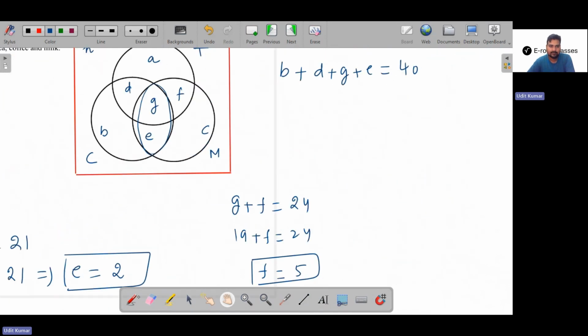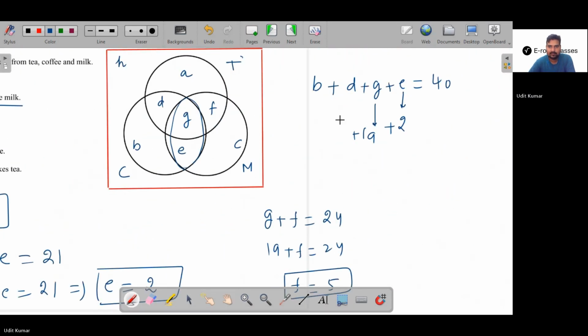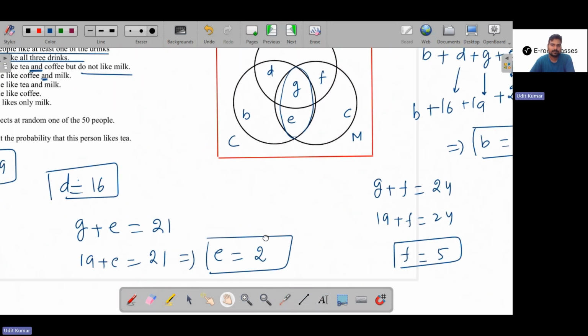E is 2, G is 19, D is 16, and we don't know B. So B equals 40 minus 16 minus 19 minus 2, and you will get B equals 3.